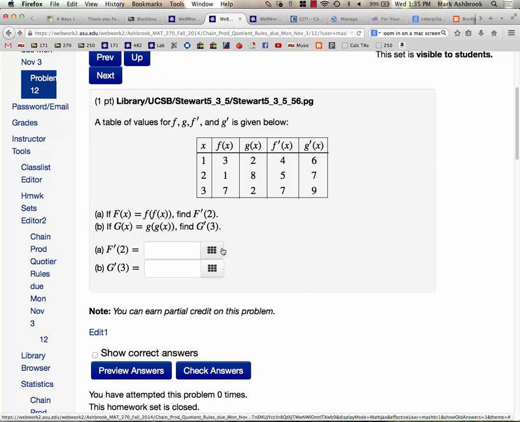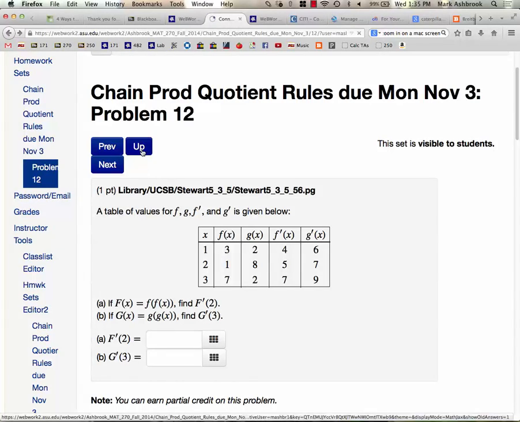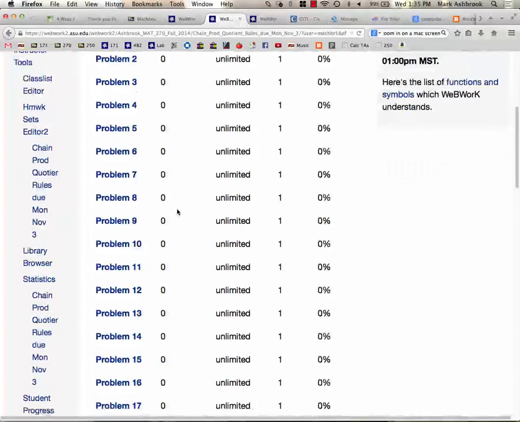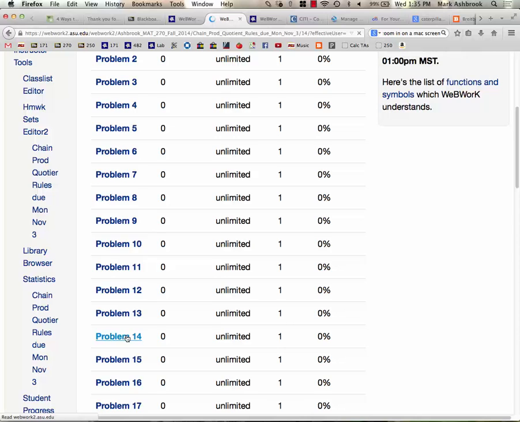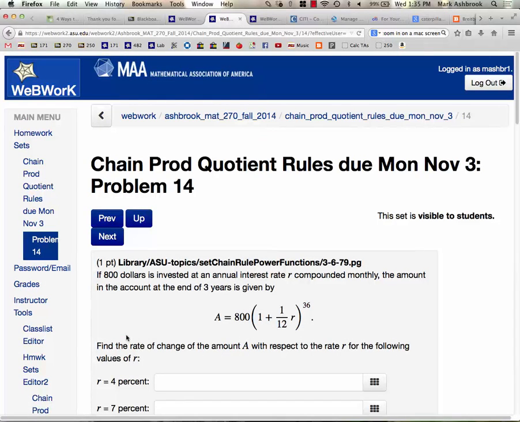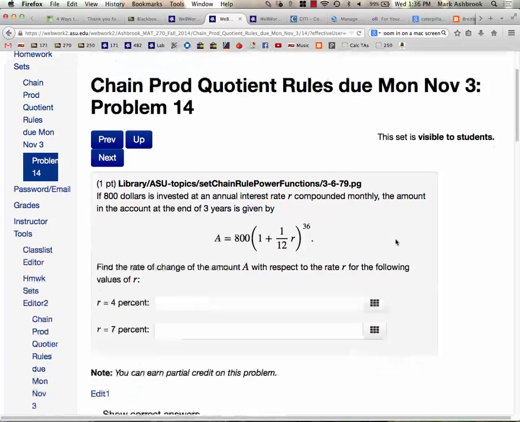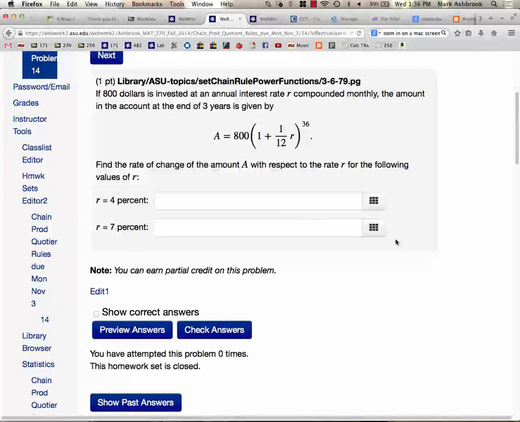Okay. Also on this was number 14. I don't know if we'll do this or not. Let's see. What's that? That was 12. This was Monday's homework. I'm guessing this one had lower success because once you found the rate of change function for A, you plugged in r equals 4.